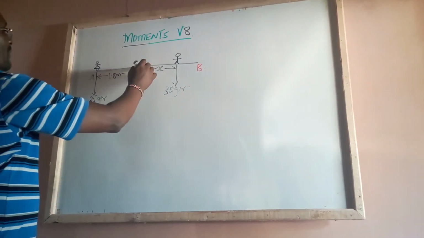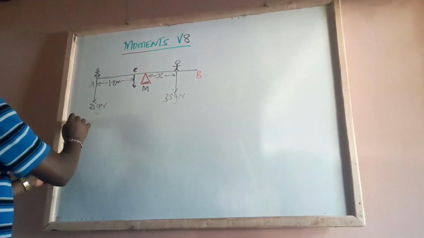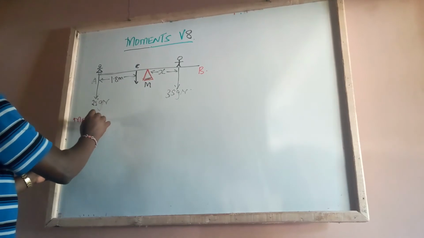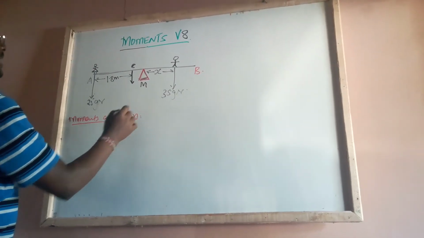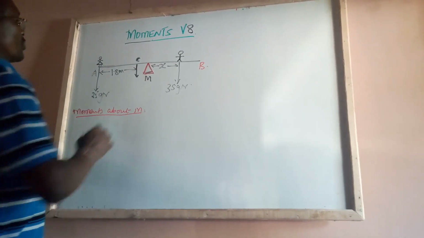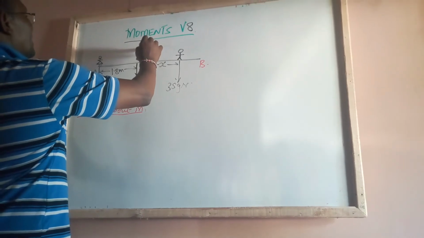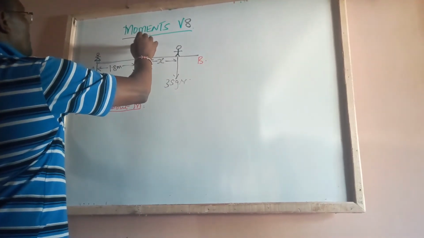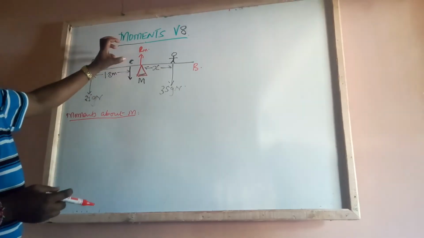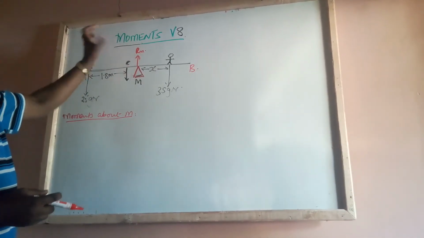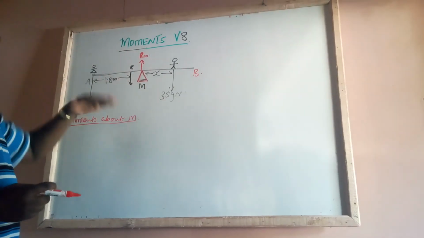If we take moments about M, it is very important to note that the reaction at M is Rm, but the moment brought about by the reaction at M is 0, because the fulcrum happens to be M, and therefore there is no distance.